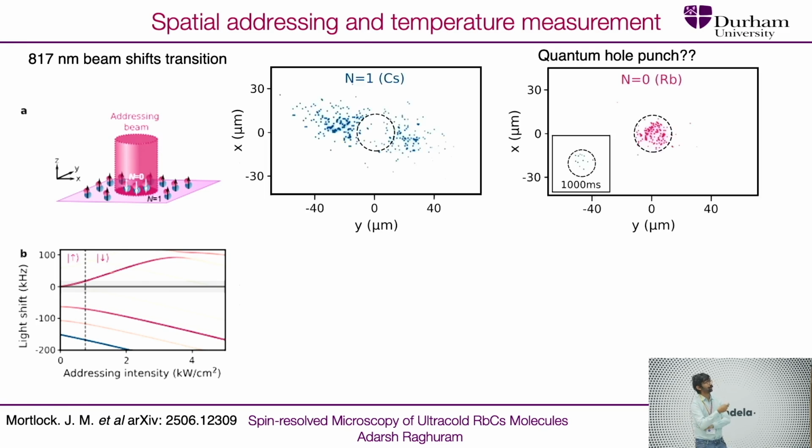Using a similar method to before, we can take an image, and we've been calling it the quantum hole punch. You can see a nice circle of n=0 contained in the larger n=1 cloud.